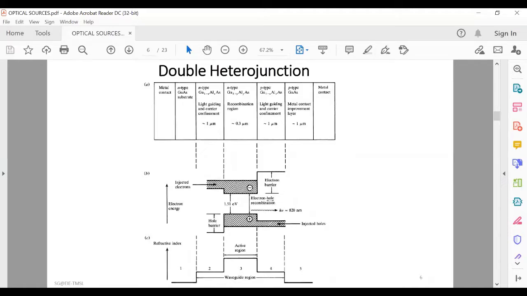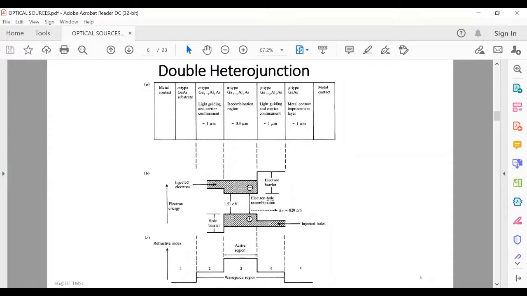So a double heterojunction structure confines both holes and electrons to a narrow active layer, and under forward bias, a large number of carriers are injected into the active region where they are efficiently confined. Carrier recombination occurs in the small active region, which leads to an efficient device. That is the advantage of having this structure.